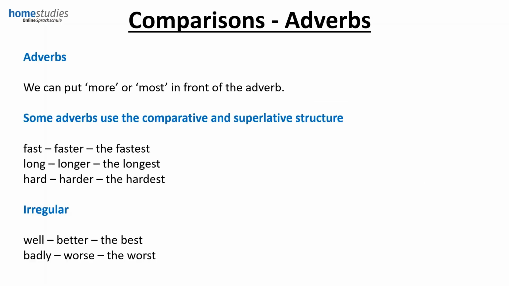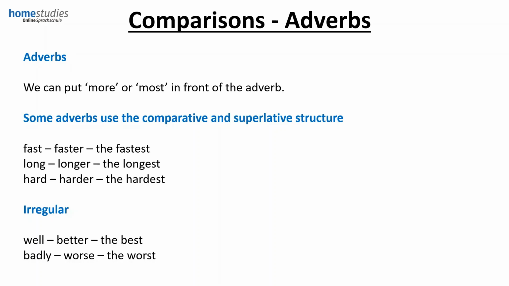Now let's have a look at using adverbs when we are making comparisons. So usually with most adverbs, we can either put the word more or most in front of the adverb. So for example, if I use the adverb quietly, I could say, could you eat your popcorn more quietly, please?